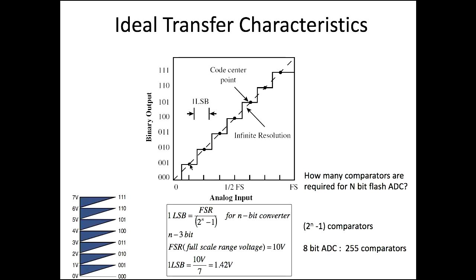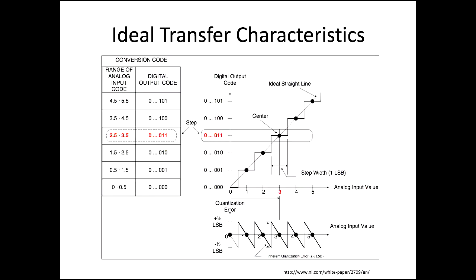This is 1.42 volt, and then this one is how much? 2.84. And then here, if this voltage is plus or minus half LSB, we don't know. That much variation you can't predict. So that is called a quantization error, because that is due to the quantization of the ADC. That is already present there. Plus or minus half LSB is your quantization error.